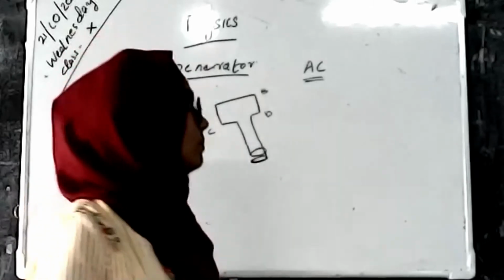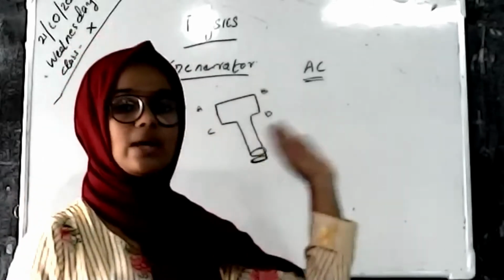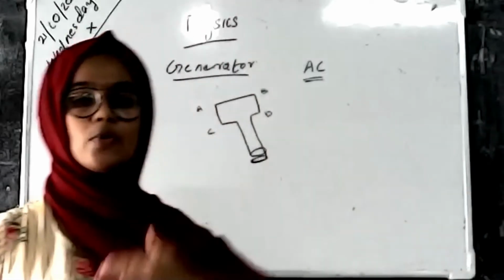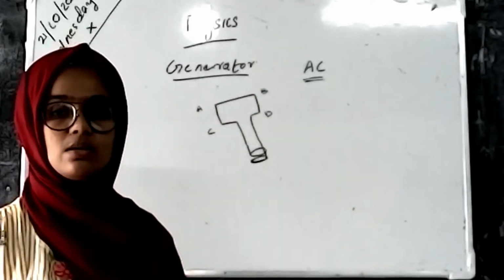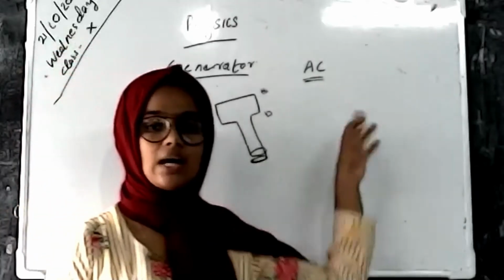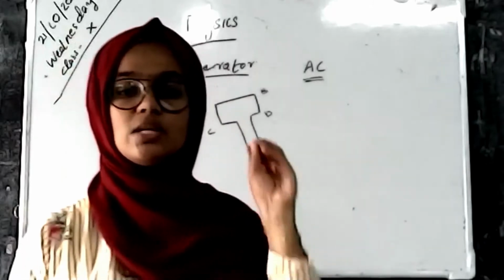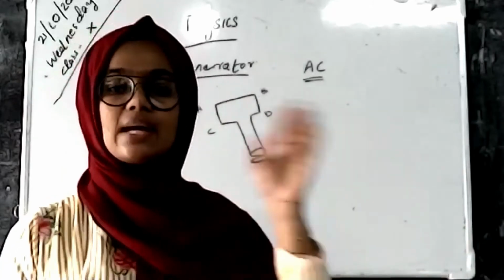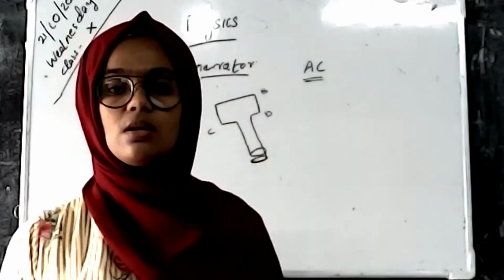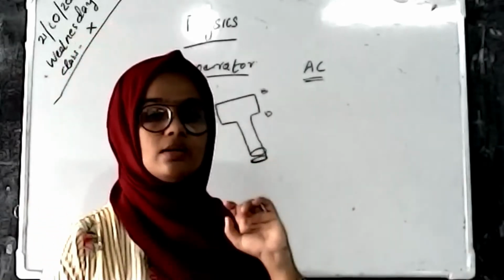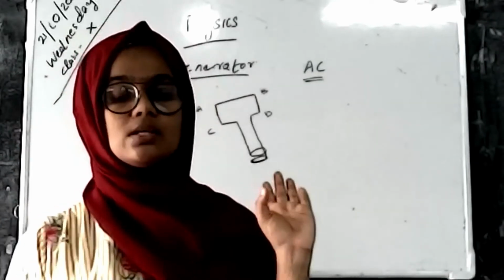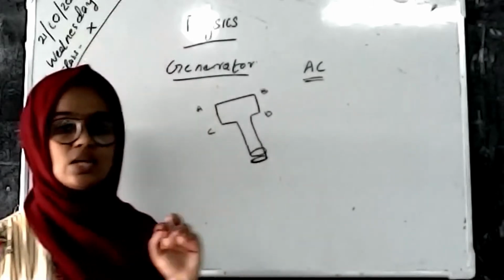At one time, the direction is to one side, and at the next interval of time, the direction is opposite. So that type of current is alternating current, and this generator gives alternating current. So this is an AC generator.